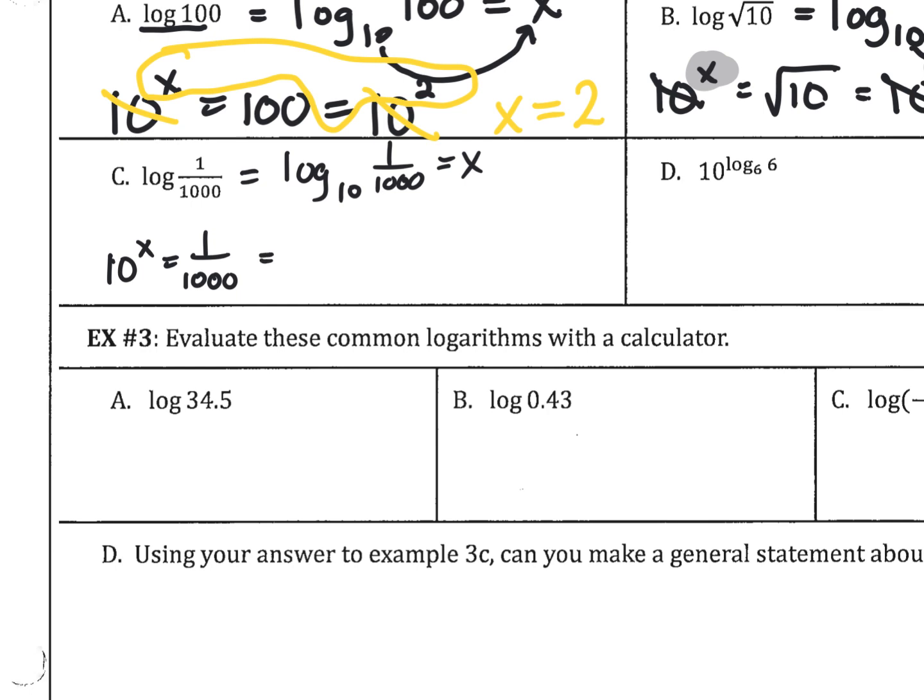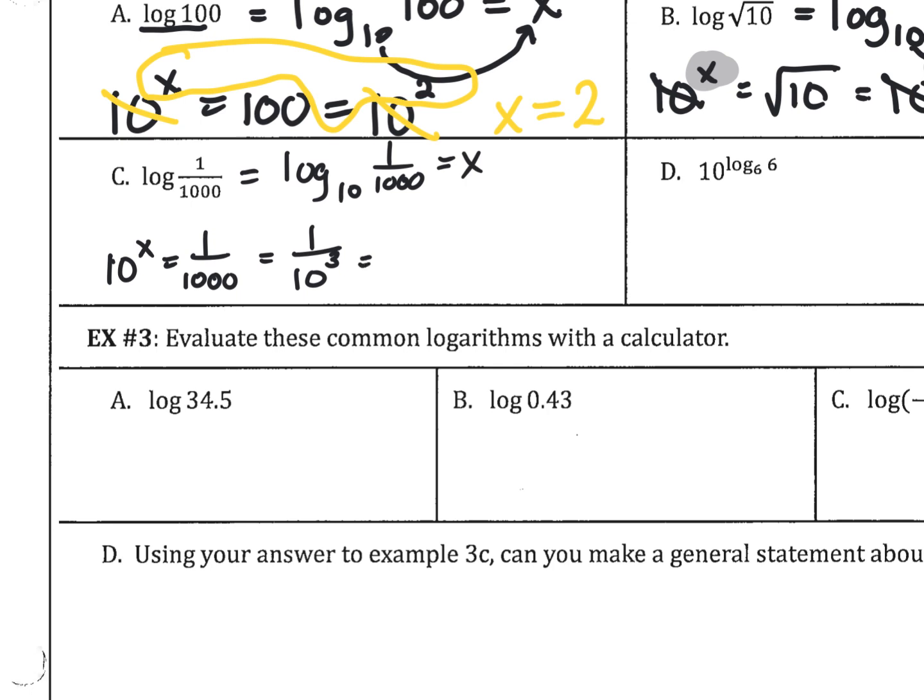So this is 1 over 10 to the what? No, 10 times 100 is 1,000, but that's not multiplication. Exponent. 10 to what exponent is 1,000? To the third. So this is 1 over 10 to the third, but that's not good enough because it can't be 1 over. So how do we move it from the bottom to the top?